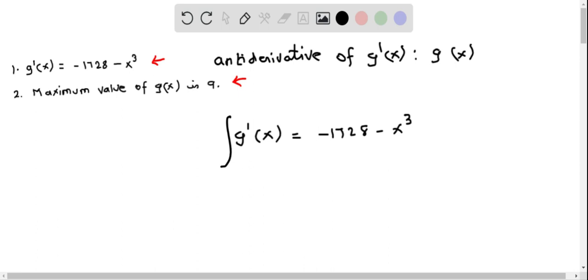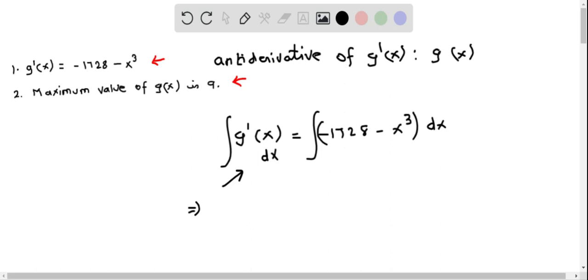Finding the antiderivative is equal to finding the integral of the given function. So I put the integration symbol on both sides along with dx. We know that if you find the integral of a derivative function, we will get the original function.